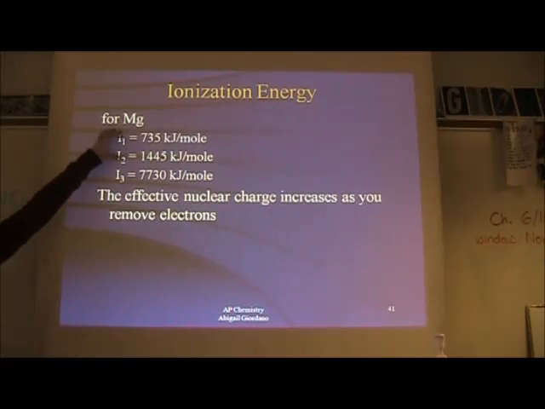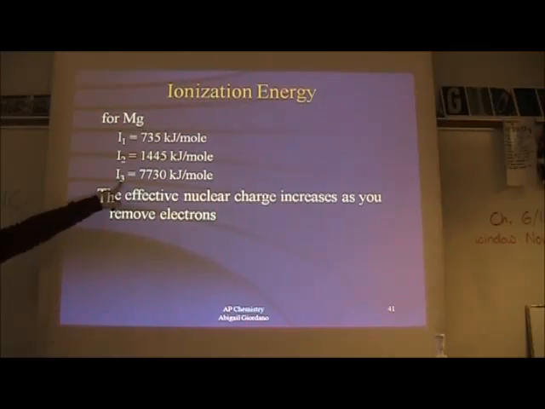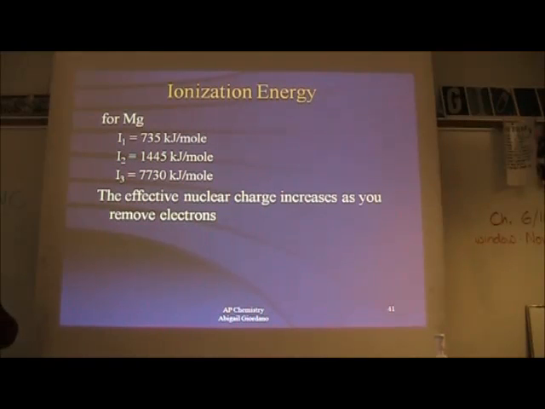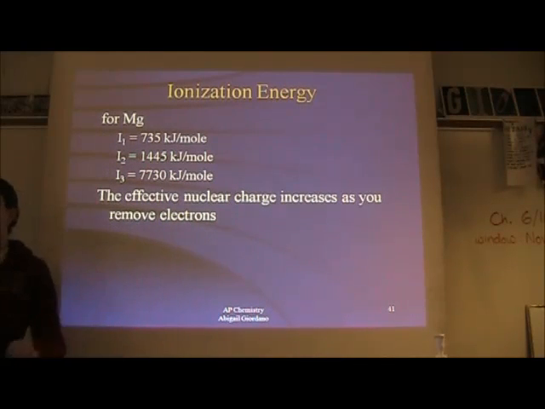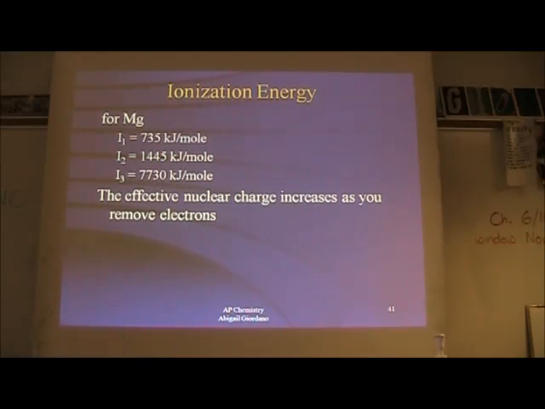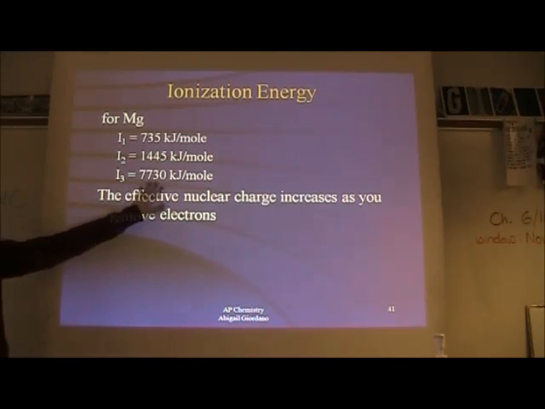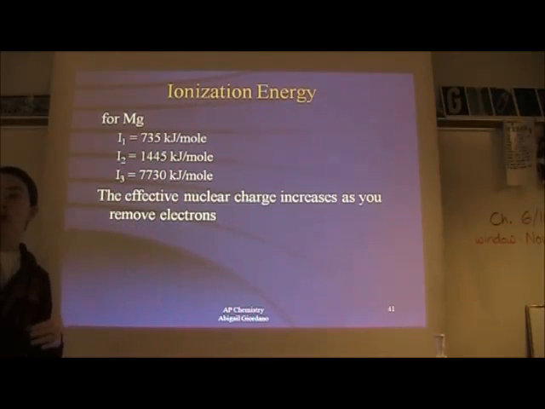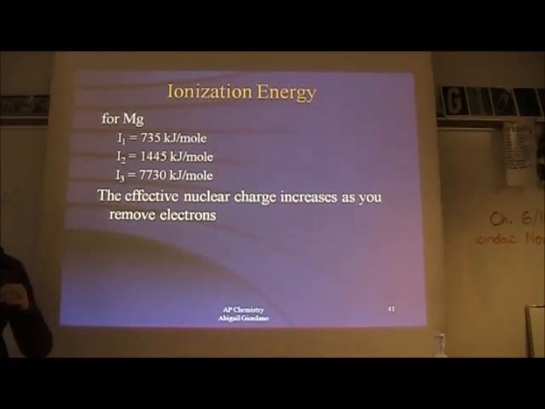Can you tell me what type of electrons are these first 2? Valence. What kind of electron is that third one? Core. Okay. Here's how you explain that in a concise way. It takes more energy to remove a core electron from a full energy level than it does to remove a valence electron.